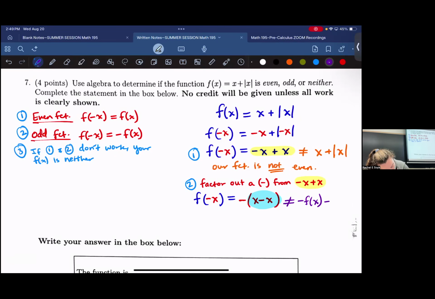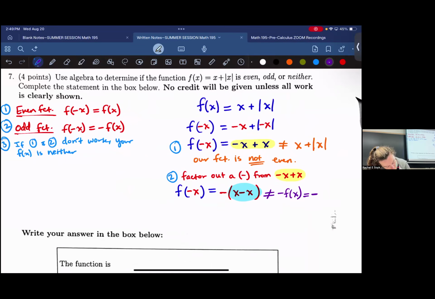And negative f of x is the same as negative x minus absolute value of x.